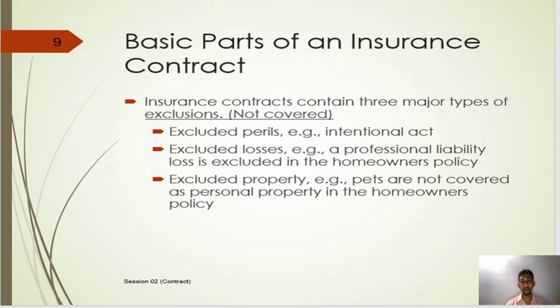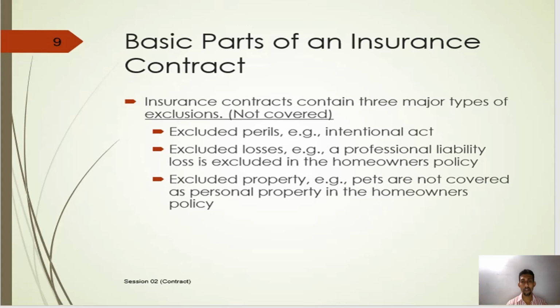It may also specifically say that some losses are not covered. In a homeowner's policy, it's clearly mentioned that professional liability loss is excluded. Like that, in certain policies, clear excluded losses are highlighted.